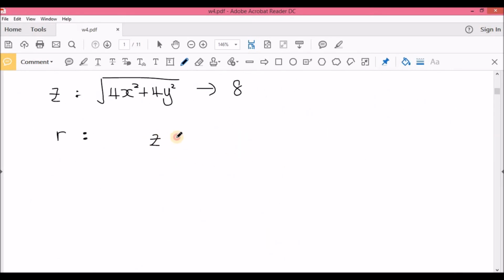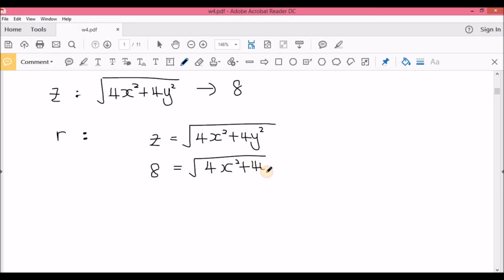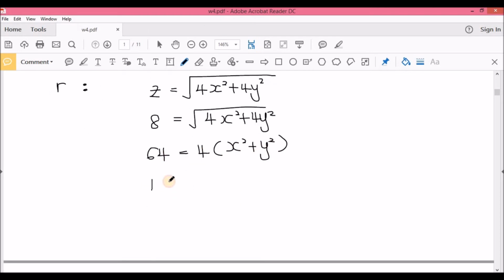Using the formula for the cone at height equals 8, you simplify the equation: 64 equals 4 times x squared plus y squared, so 16 equals x squared plus y squared.